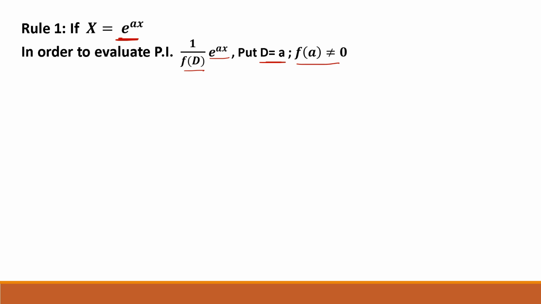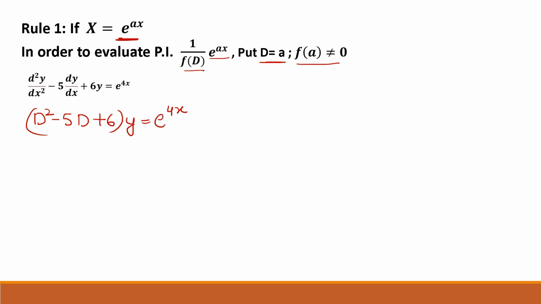Okay, so let's see this along with one example. This is our example. First thing is to write this into symbolic form. So d square minus 5d plus 6 y equals e power 4x, right? Now next is to write the auxiliary equation, that is d square minus 5d plus 6 equal to 0.